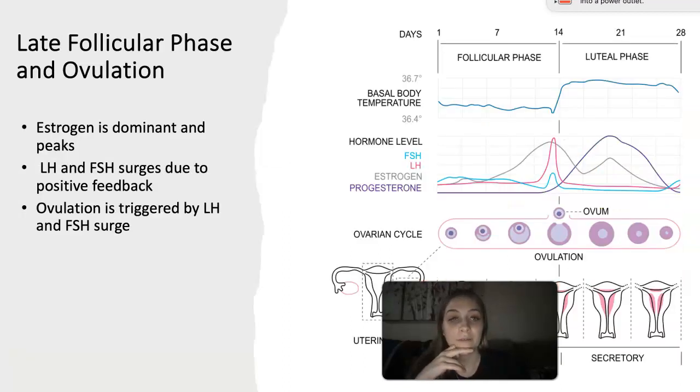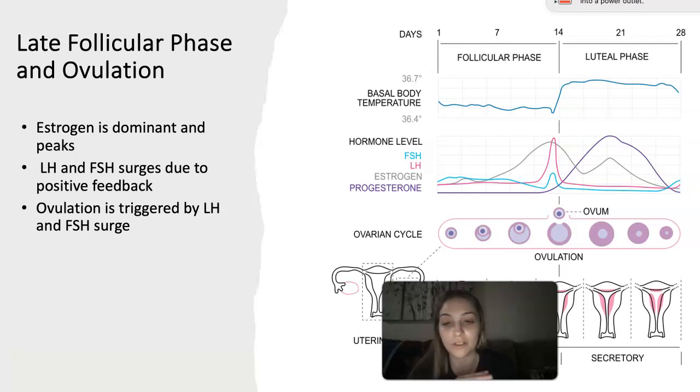In the late follicular phase and ovulation, the amount of estradiol secreted at mid-cycle has increased to the high level that stimulates a surge of the FSH and LH released by the pituitary. So the surge causes ovulation, which is due to positive feedback.